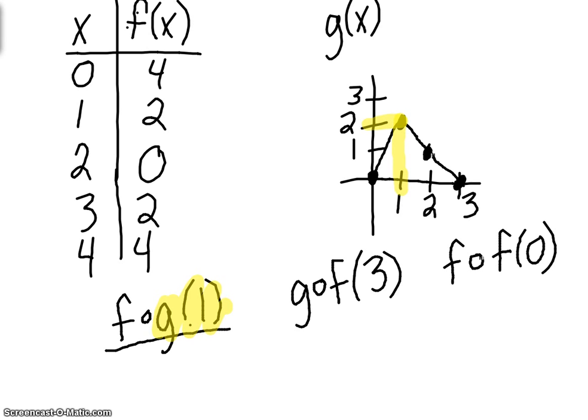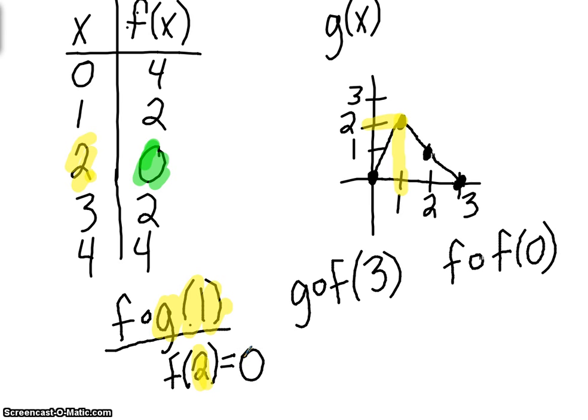So really I'm looking at f of 2. Now I can find out what f of 2 is by looking at my f table. When x is 2, y is 0. And at that point, I've worked out everything in this problem, and I have my final answer.